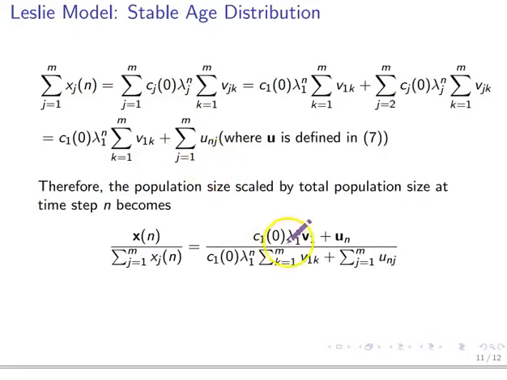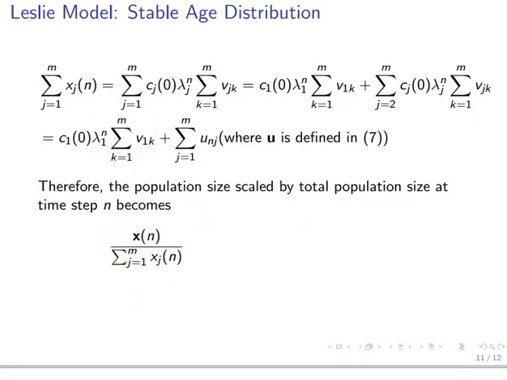At the end of the day, you can see how, when this ratio here, this is the ratio of, remember, this x of n really is a vector, right? And so this is divided by a scalar. It kind of looks innocent, but you could consider this as a column vector.